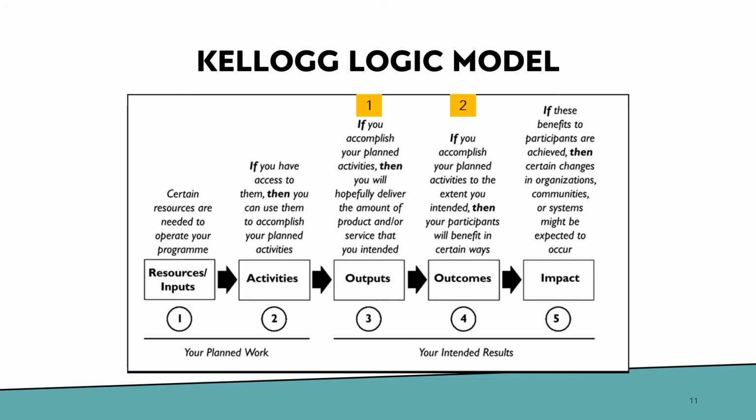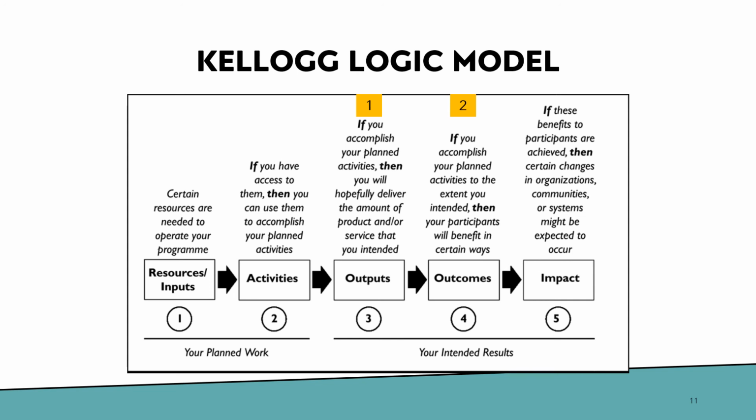Next, you're going to look at your outcomes. So if you accomplish the activities that you're planning to do, then your participants will benefit in certain ways. These are the things that you can track. These are the things that you are able to quantify.